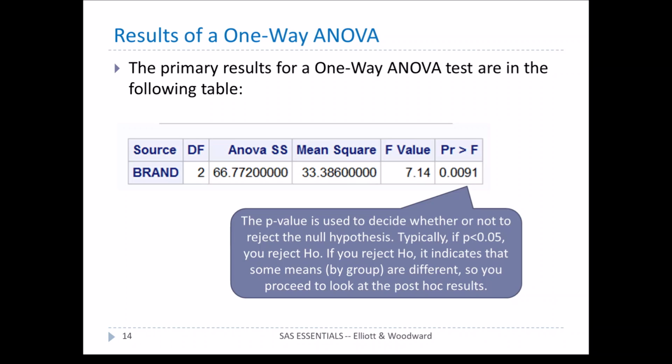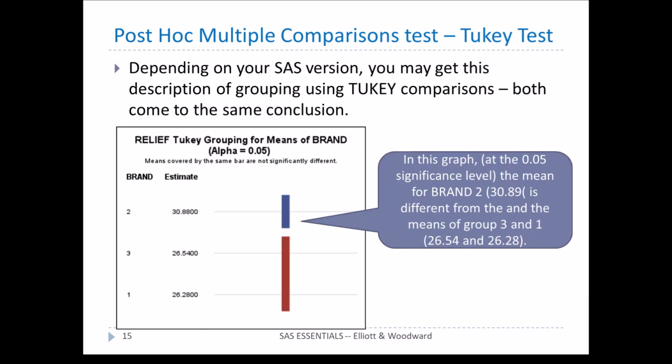Now let's look at what the MEANS statement did to produce some post hoc results. This sort of depends on what SAS version you're using. You may get a slightly different version of the Tukey grouping here, but this is probably the more recent one. So this is the grouping using the Tukey comparisons. Now notice what we have here. In this graph, the mean for brand 2, which is 30.88, sort of stands alone.